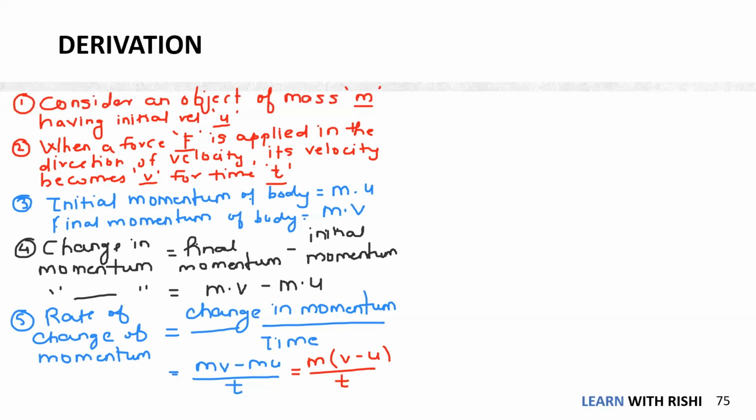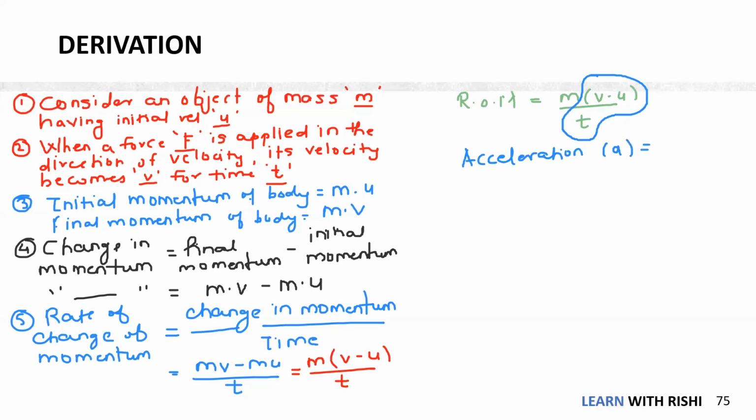Now, rate of change of momentum, writing in short form, is equal to m into (v minus u) upon t. Now, if you just observe this, v minus u upon t, what is this? We have learned in the previous lectures that acceleration, that is a, is equal to change in velocity upon time.